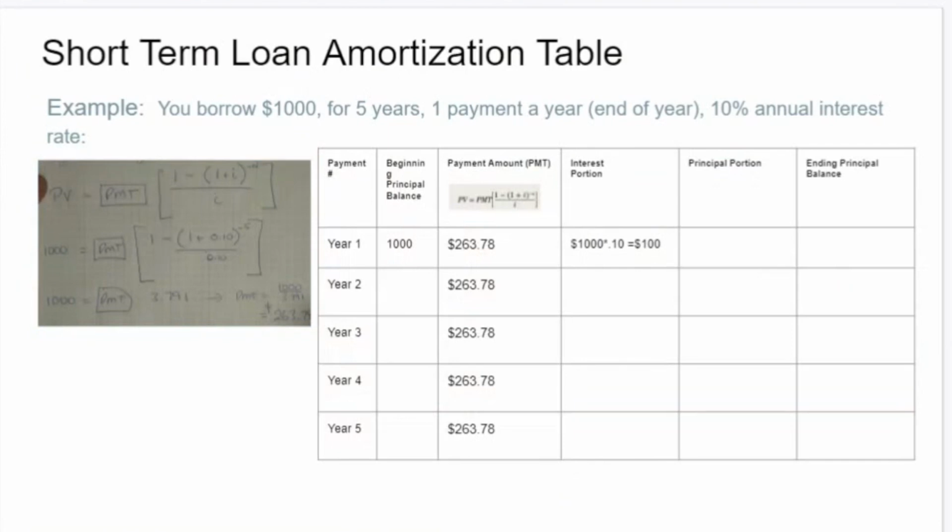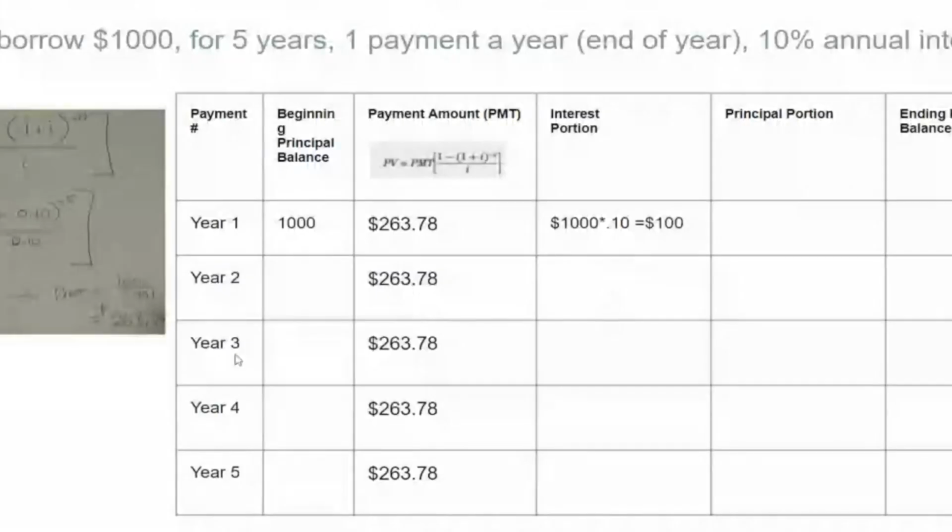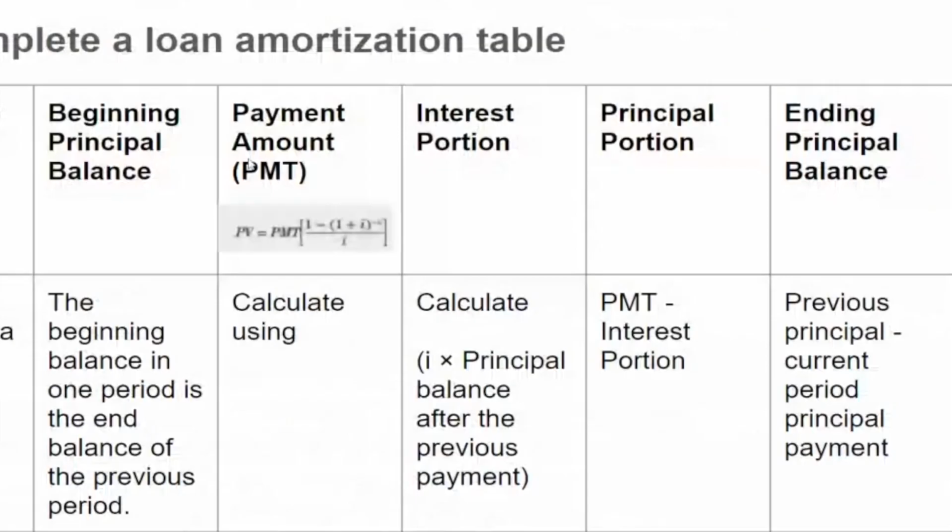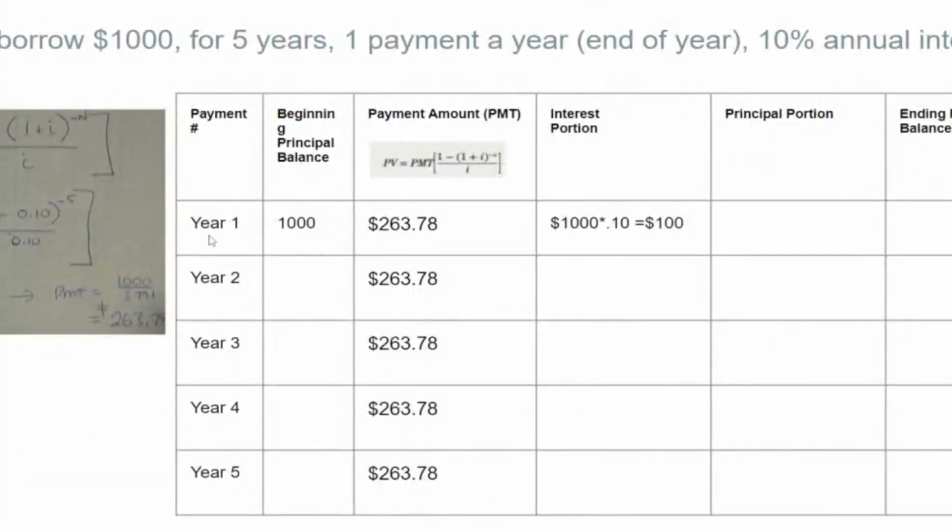So effectively what's happening here is that here's the table that I've highlighted up here. Here's the headings. And so payment for year one, the beginning balance was 1,000. We calculated the payment amount over here to be $263.78, 79, 80 cents, round there. Okay?